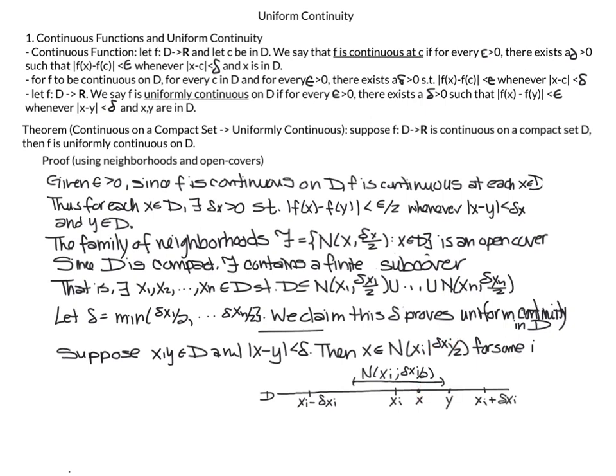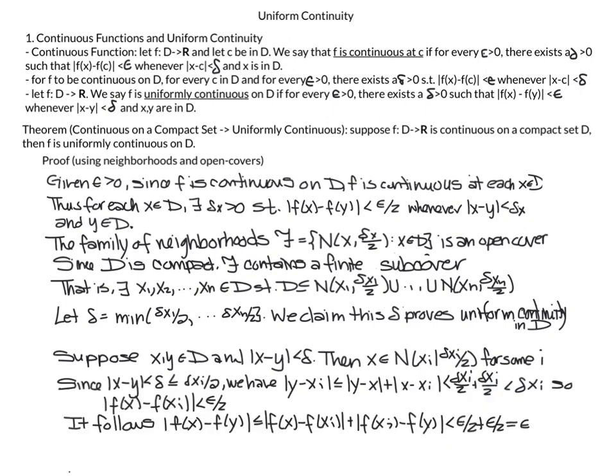So here we have x and y, and the point is that this x, even if it's not one of the finite ones used to generate a finite subcover, will be in one of these neighborhoods that is part of our finite subcover. And this is the part we're going to use in our next slide from this drawing. So since x and y are here, they have to be within delta x sub i over 2, the radius of our neighborhood.